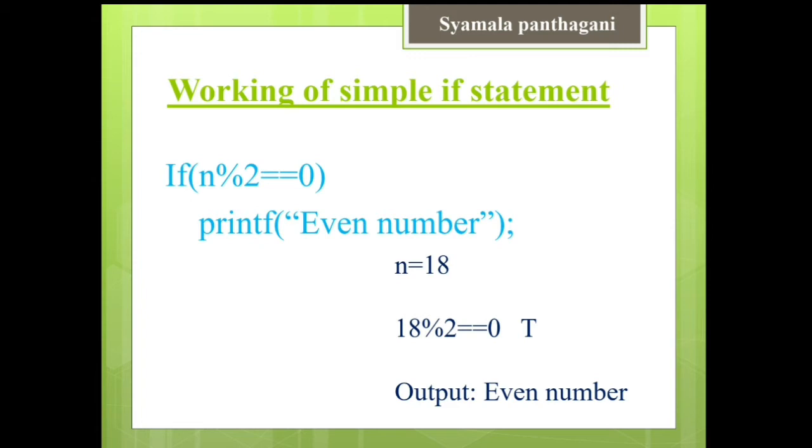Modulus means we have to take the remainder only. 18 mod 2, if we divide the number 18 by 2, the remainder is 0. 0 is equal to 0 is true. That's why the compiler just prints the output, even number. Did you understand, children? The output is even number.